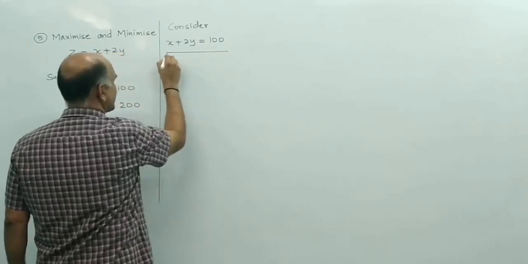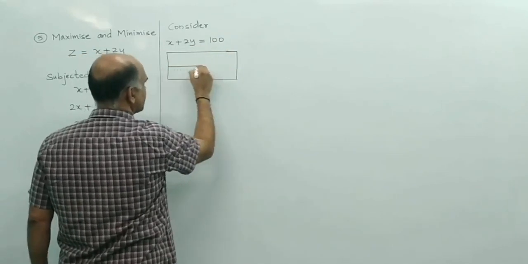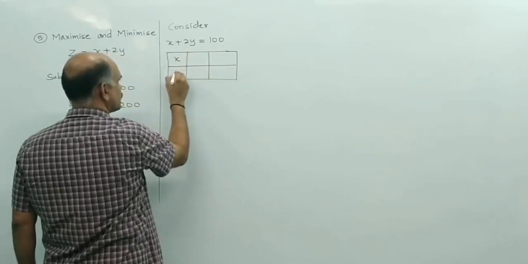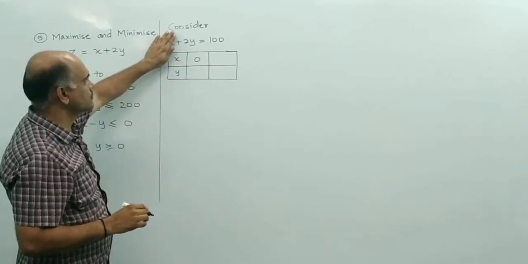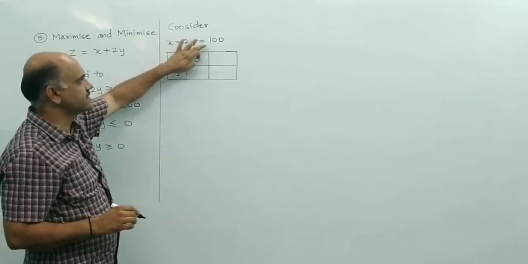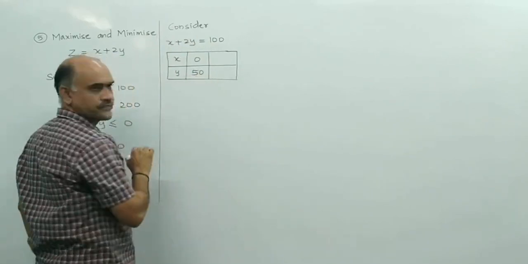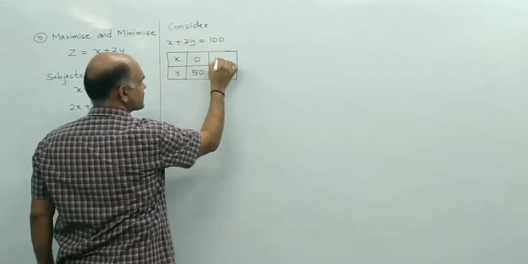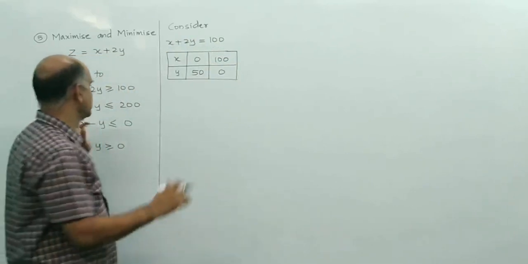If I find x and y values: when x equal to 0, 2y is equal to 100, therefore you will get y is equal to 50. If y is equal to 0, you will get x is equal to 100.